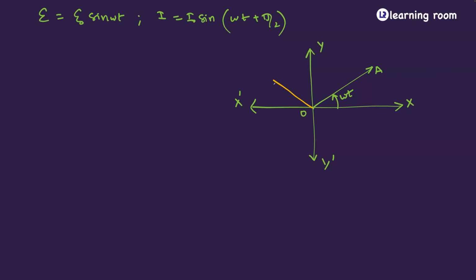It will be like this, right? So that this angle is going to be 90 degrees. If I take this to be OB, OA is going to be E naught and OB is going to be I naught. Am I clear with this? So this is going to be the phasor diagram when an AC source is connected across a capacitor.